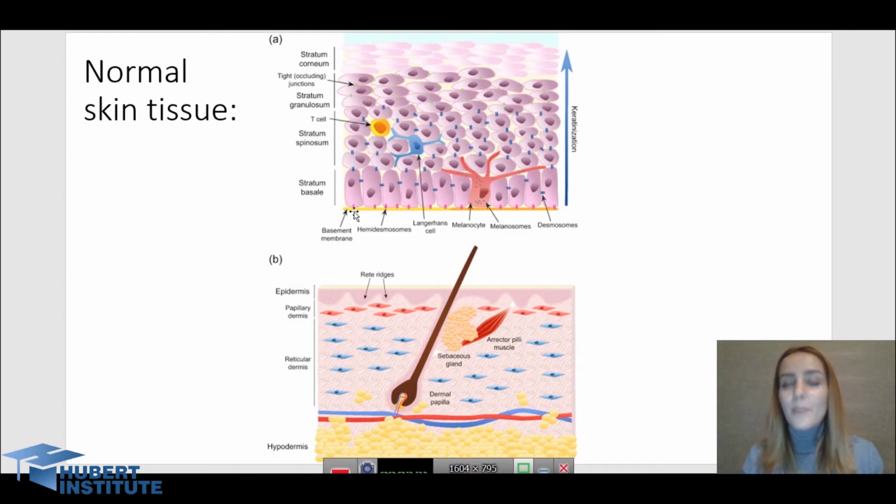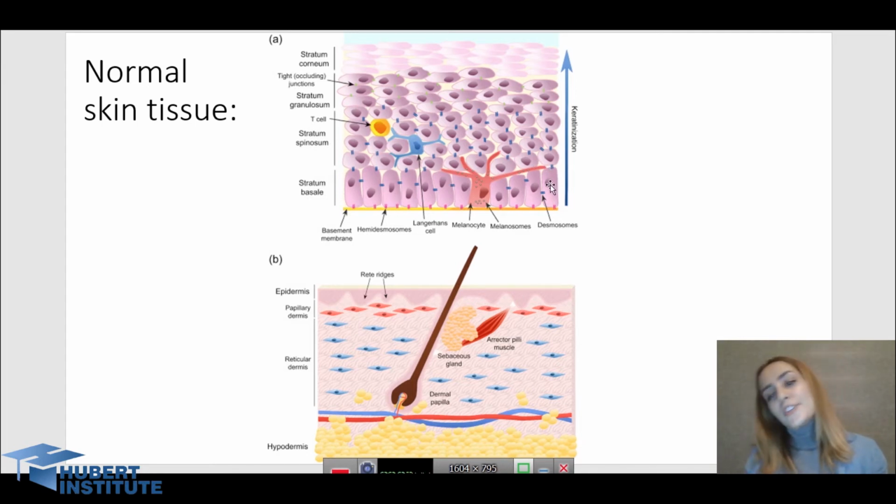We have some material here which is called the basement membrane. This material divides the skin. Above that is the epidermis. Underneath that is the dermis. Above that, we have the first layer of our skin tissue, the stratum basalis.